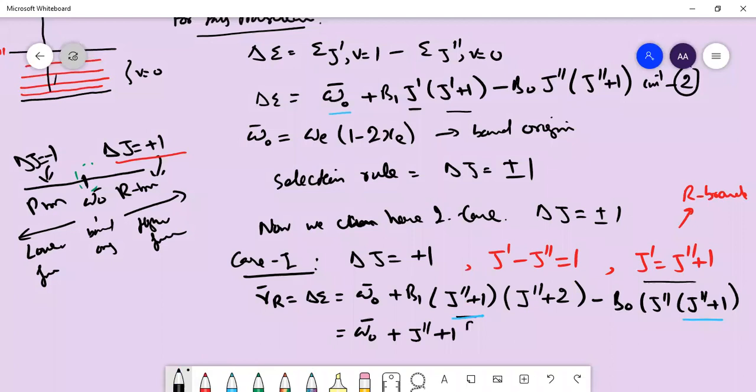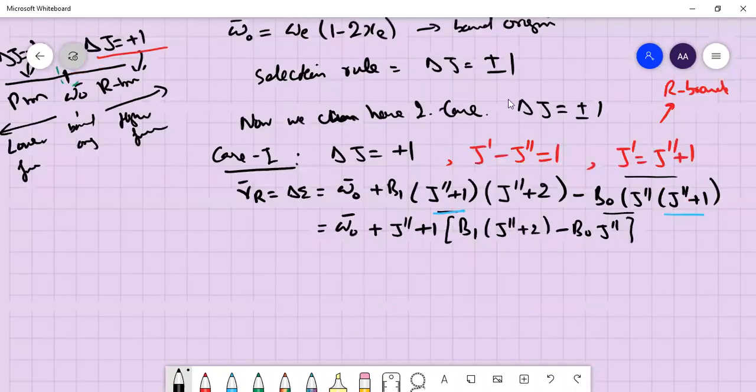What I will remain with in the bracket is B dash, B1, then I have J double dash plus 2 on this side, and on the left side I have remaining just B naught minus B0 J double dash. So this is the equation which I got by solving this equation.